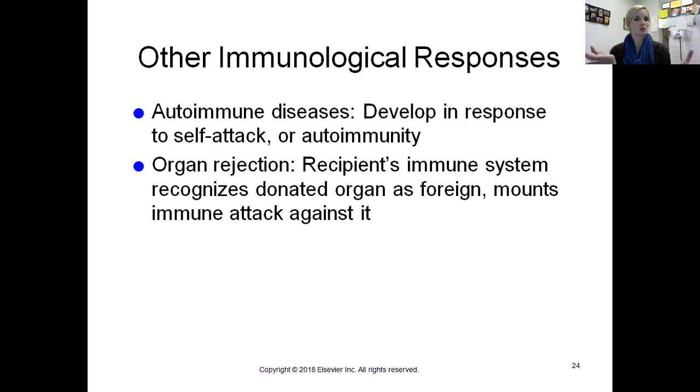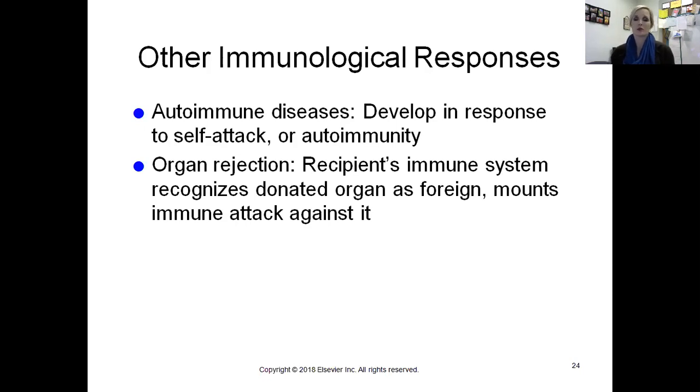We are supposed to destroy the non-self, like bacteria. But somebody who is experiencing autoimmune disease has a problem with recognizing the difference between the two and instead attacks everything. So people with autoimmune diseases, their healthy cells are attacking themselves. So that's where we see self-attack, or what's called autoimmunity.